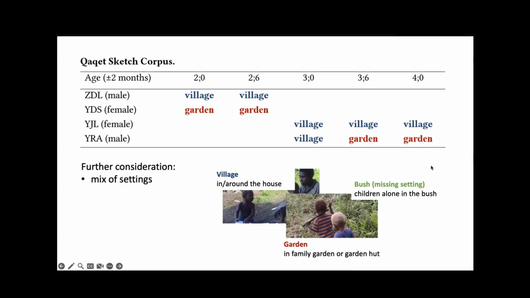One consideration is to keep everything as comparable as possible. So basically just record in one setting, or just record boys, or just record girls, or just record sessions with the same participant structure. The advantage of this is that the sessions are more easily comparable. The language that is used in these sessions is more easily comparable. The disadvantage is it captures only a very small part of the child's environment.